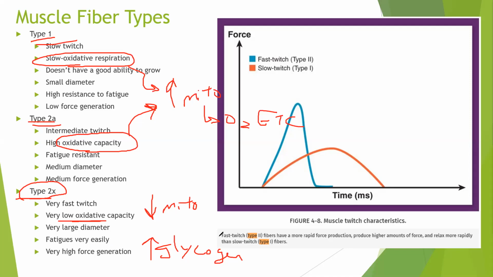And when we talk about the fifth learning outcome here, we'll get into some of the different force velocity curves, the strength velocity curves, things like that, which will explain this better. But for now, you should know that your mitochondria are highest in oxidative respiration situations. So type 1, type 2A fibers. Your mitochondria are lowest in your type 2X fibers.